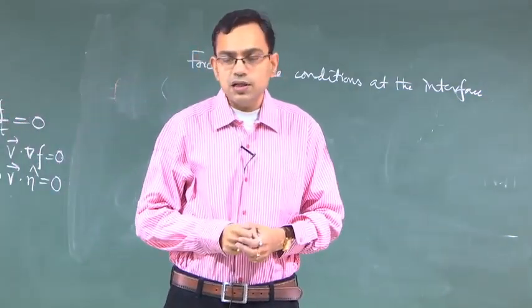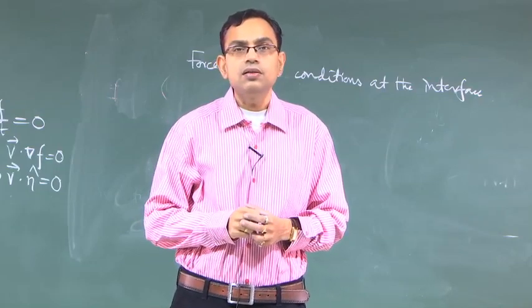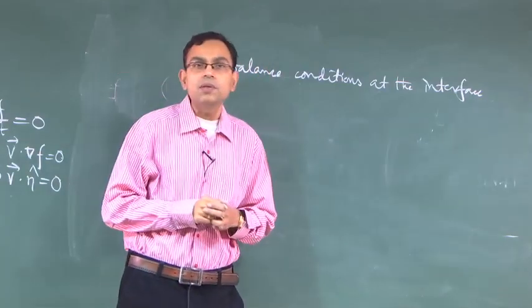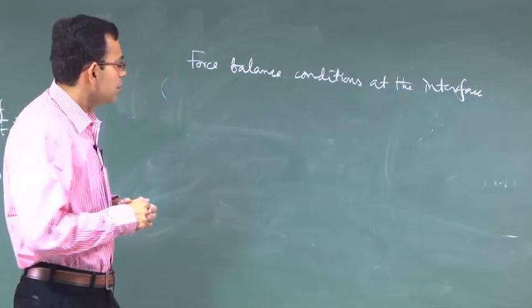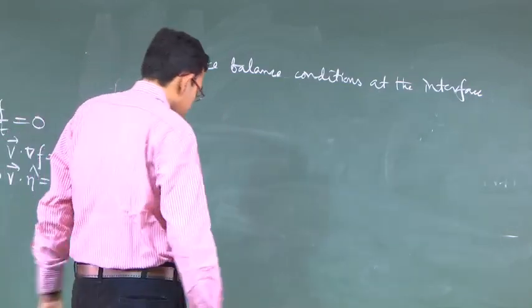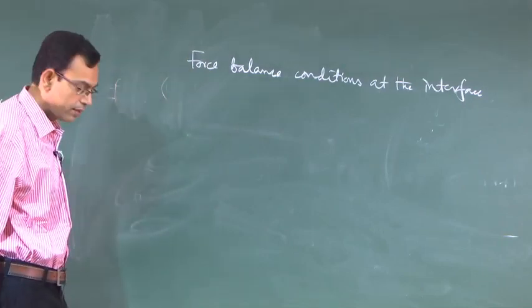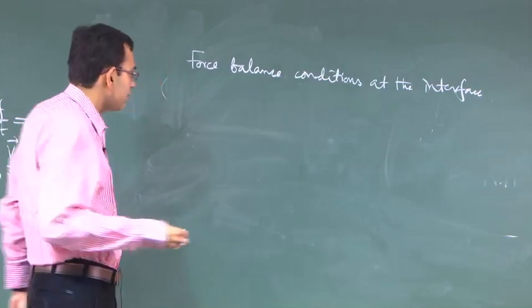If you consider the forces acting on the interface, one of the very interesting components of forces that comes into the picture is the surface tension force. So, how do you quantify the surface tension force, or how do you physically describe it?